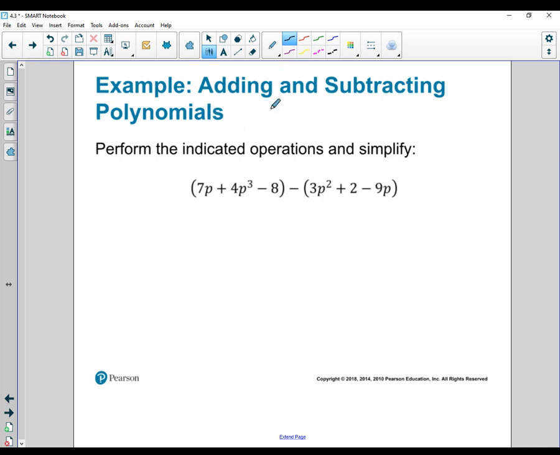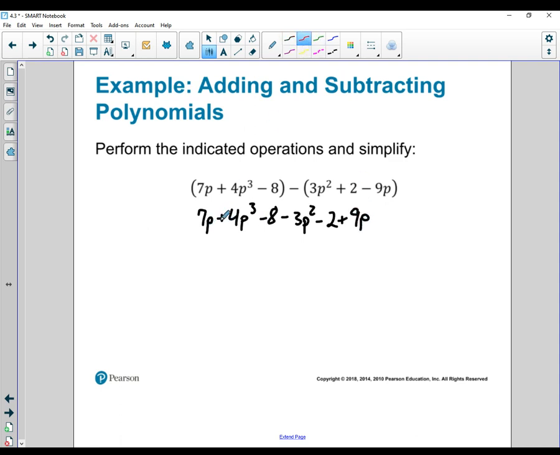I think I might just want to distribute it. So if I have 7p plus 4p cubed minus 8 minus 3p squared minus 2, negative minus a negative is a positive 9p, and now I can do the thing where I just group them up.